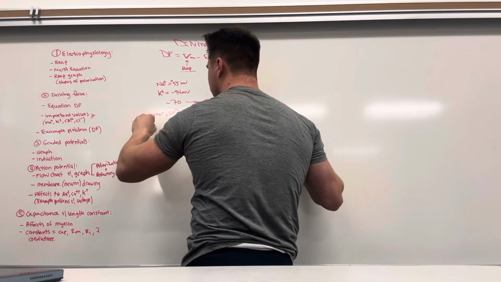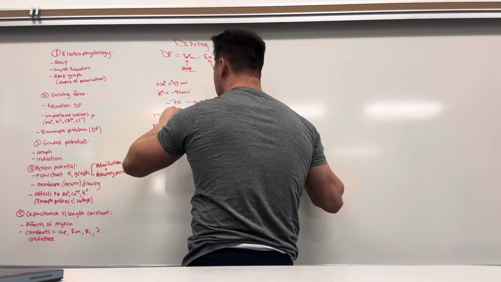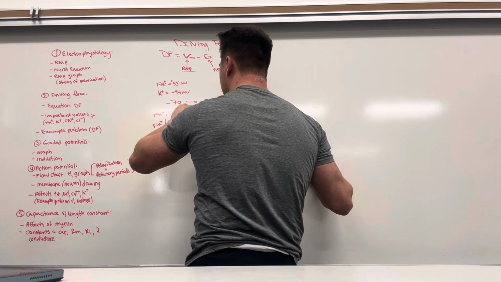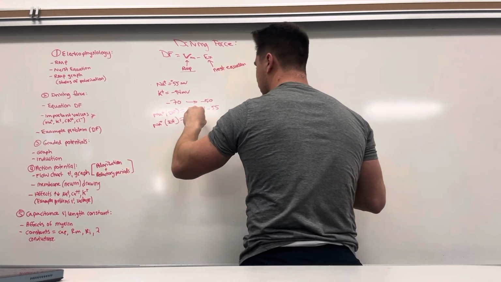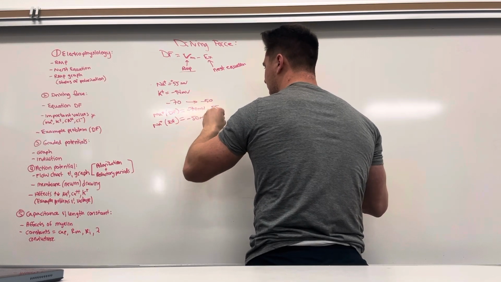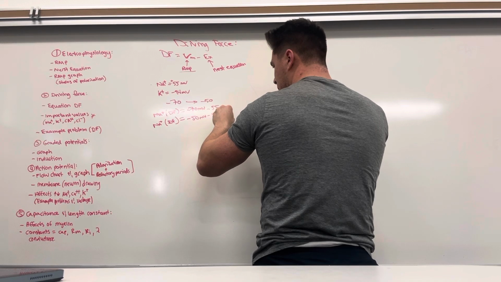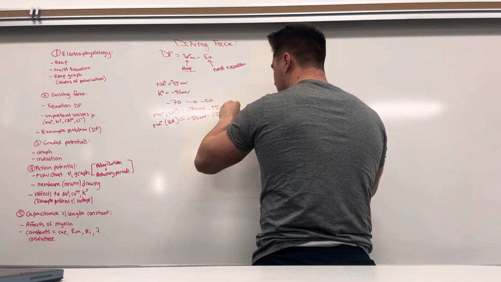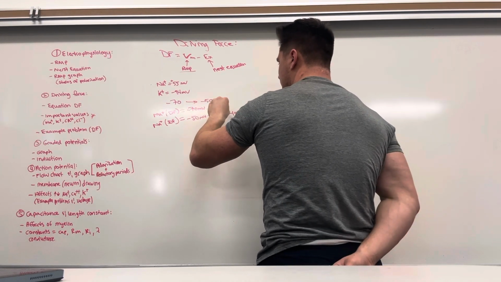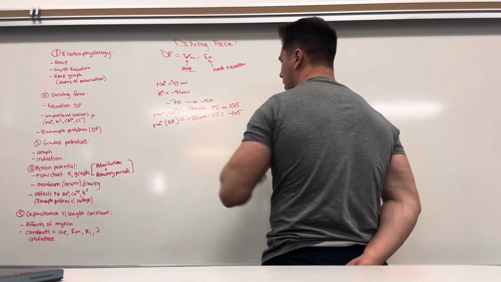And then we can also say that the sodium driving force changes to negative 50 millivolts, that's where our resting membrane potential changed to, minus positive 55. And so we get that this turns into negative 105, and then this turns into negative 125.